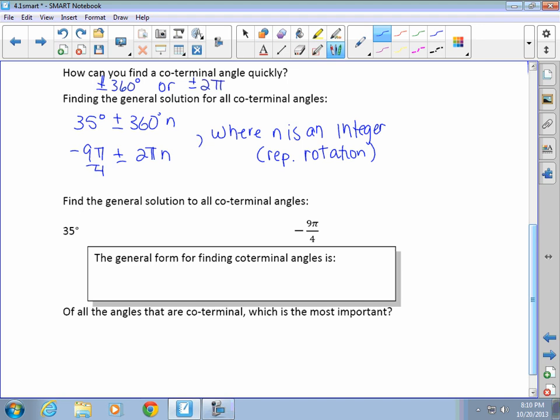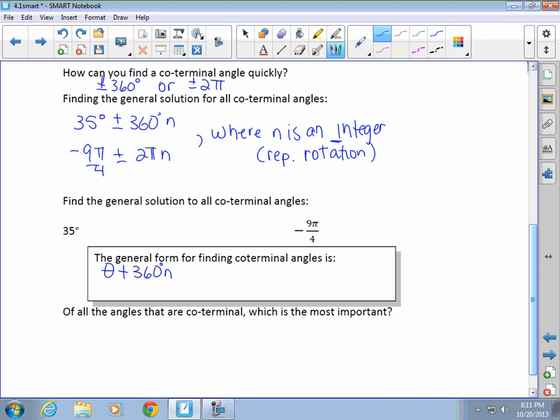Okay, so your general solution when you're writing it is just going to be your theta plus, and I leave it as plus because we use the integer in here, so it could be a negative 2, which means you would be going around subtracting then. So you don't need to put the minus in there. So plus 360 degrees times n, and n is the number of times you go around.